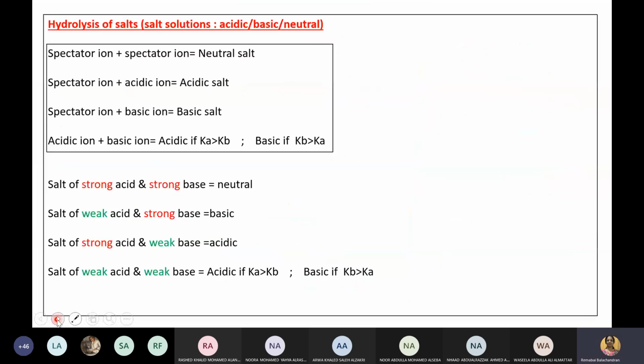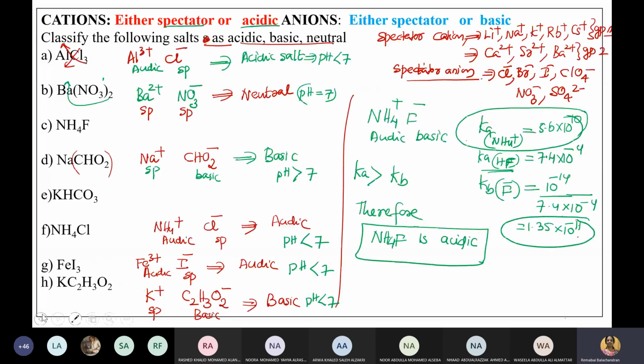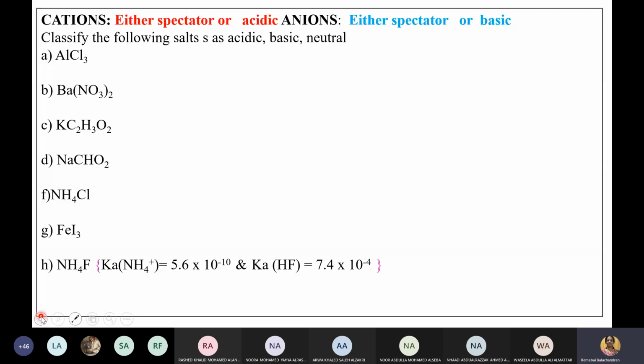Look, try to read the first question and tell me whether it's acidic or basic.